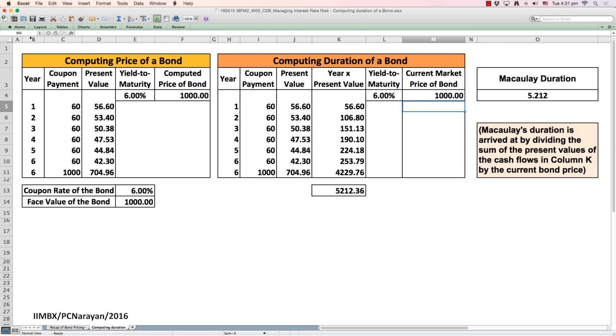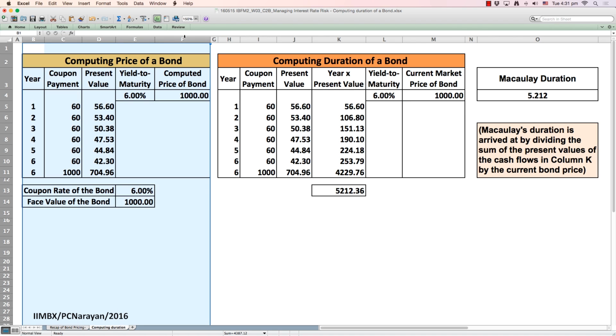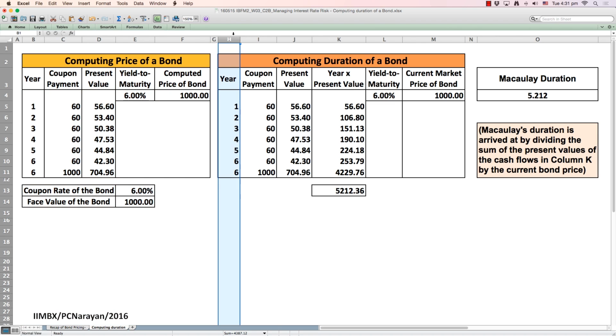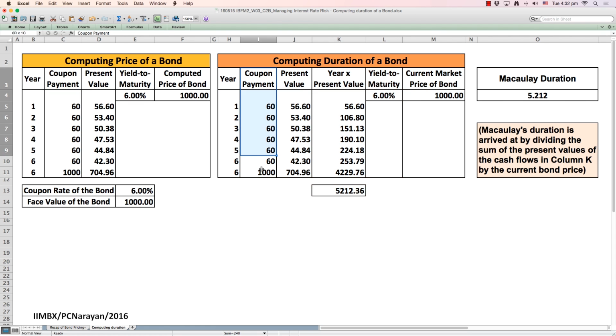We will now use the same bond price spreadsheet to compute the Macaulay duration of the same bond that we worked on earlier. What we have here is exactly the same data that we saw a little while ago to compute the price of the bond. And what we have added here are these cells which will help us compute the Macaulay's duration for this bond. Now let's make a comparison between these two. The coupon payment is identical in both, and obviously the present value computation would be identical in both.